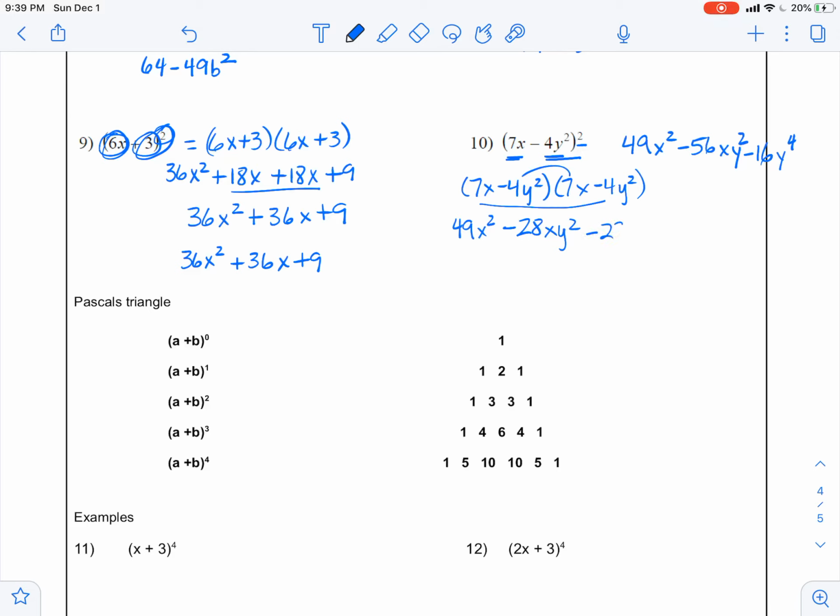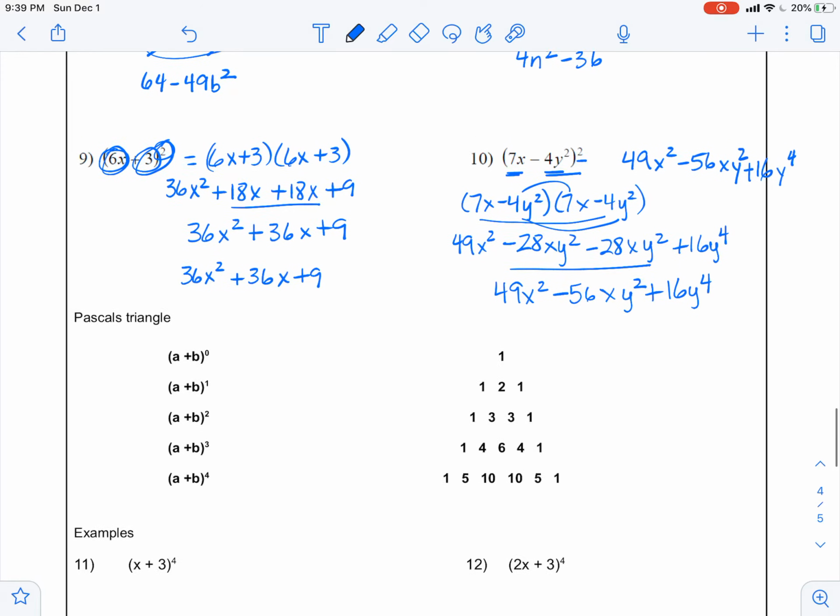Inside, and then your last. Okay, again, these are like terms. I'm going to put them together. And then I have that one. Okay, and I missed a sign. That was my bad up here. There we go. Okay, because the negative 4 squared is positive 16.